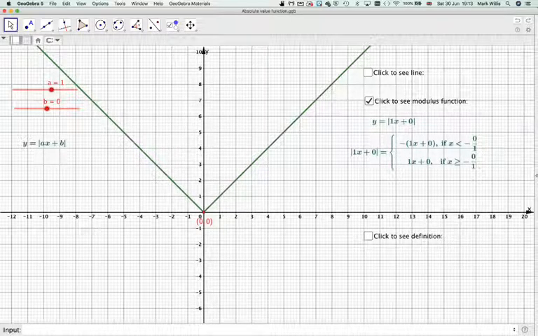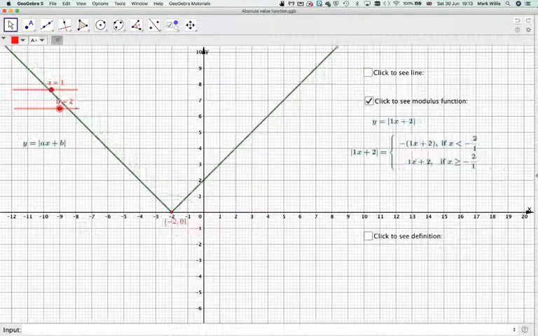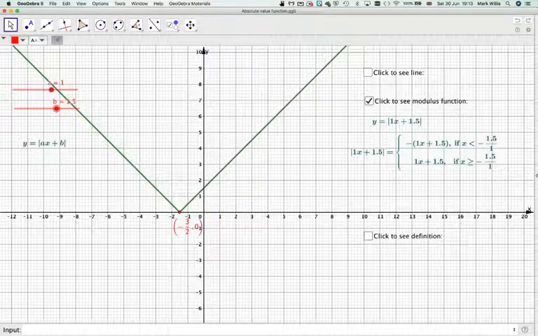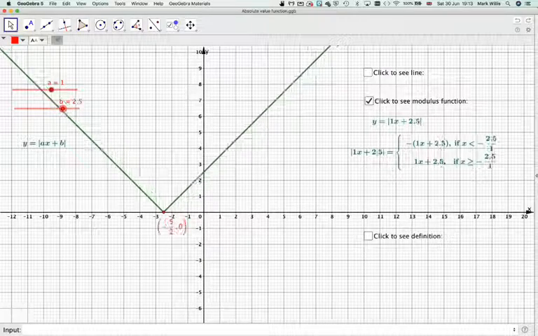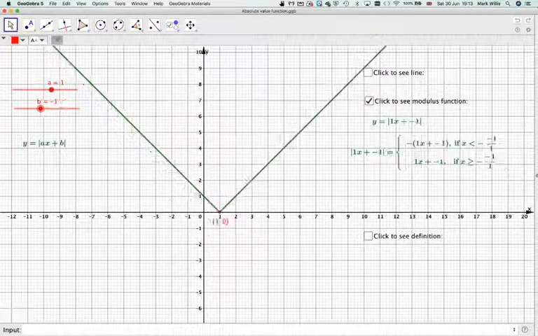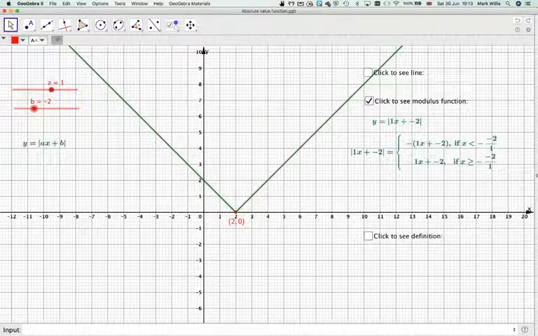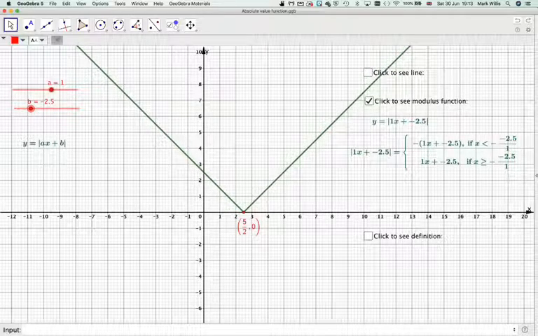And if I move b, if b is positive, I get that, and if it is negative, it goes that way, like the transformations of functions. So it will behave differently.